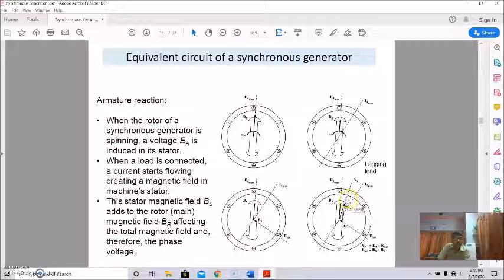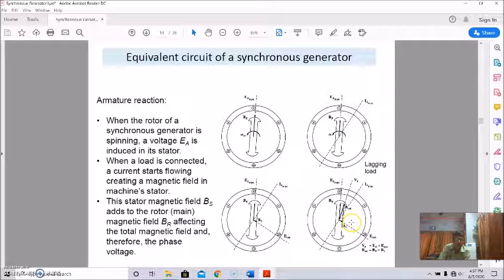Now for a lagging load, this V phi, actually this is Br plus Bs. The rotor magnetic field and stator magnetic field will create the net magnetic field. So B net should be Br plus Bs, and this phase voltage should be equal to this excitation EMF plus the armature reaction voltage.